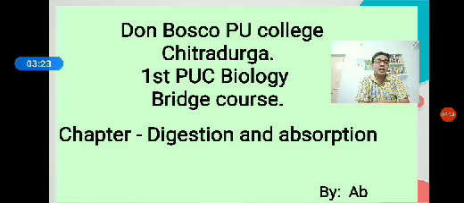In high school, especially in the 8th standard NCERT textbook, you already studied digestion, respiration, excretion, circulation, chemical coordination, nervous system, etc. In high school, you studied these processes in a chapter called life processes.